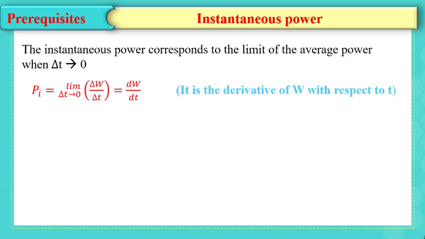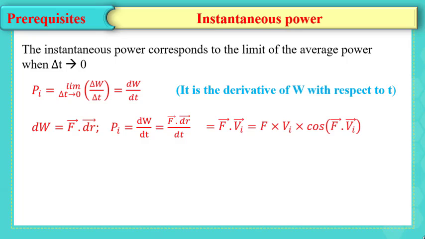And the answer is just the derivative of work with respect to T. dW equals F dot dr in this case, since we are dealing with a constant force, and the last answer is P instantaneous equals F vector dot dr vector by dt, which means that it is F dot v vector, because dr by dt is simply the velocity vector.